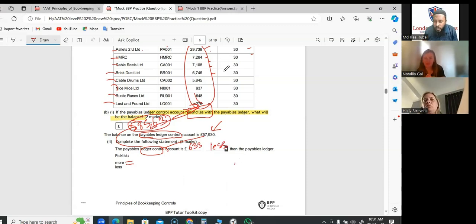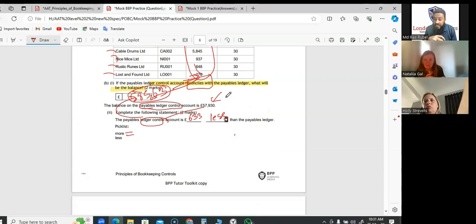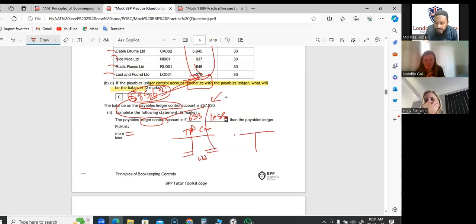Let me ask you one question that can come in the exam. Before I ask the question, you draw the picture. Trade payables control account. When you have done the trade payables control account and it's a balance b/d, you got this one, 57,930. And when doing the individual, it is like this, 58.